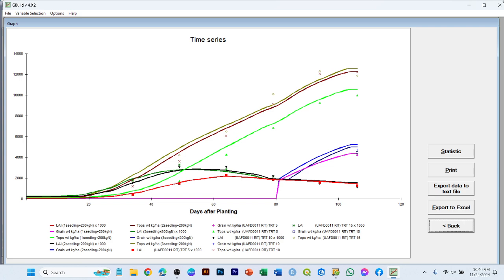So this is all about, say for example, the red line, the first one, shows the simulated value, the simulated line that is predicted by the model, while these dots are the observed value or experiment value that you have put in.